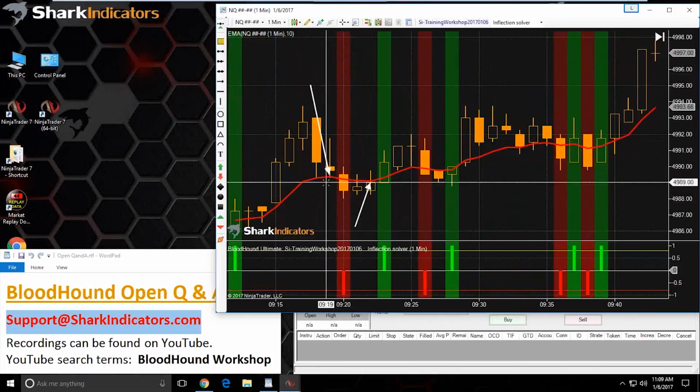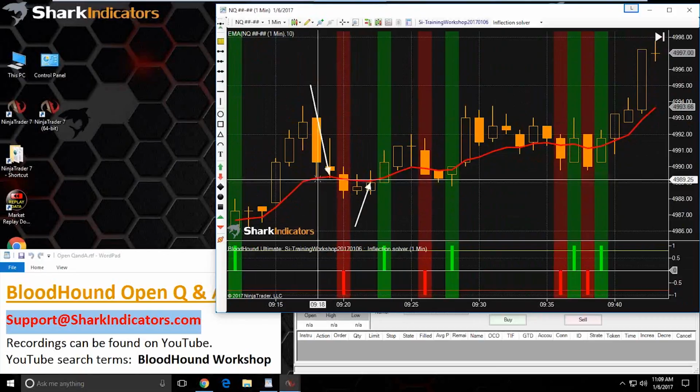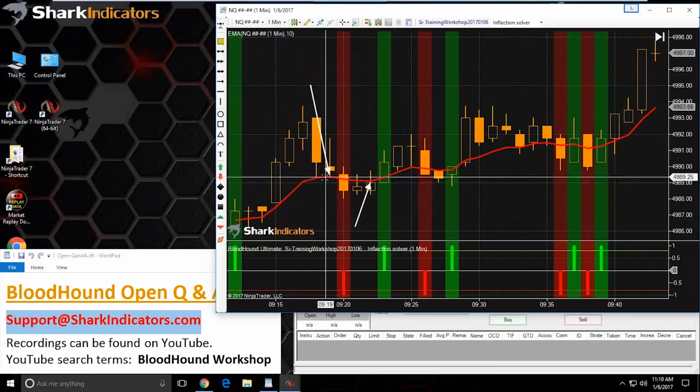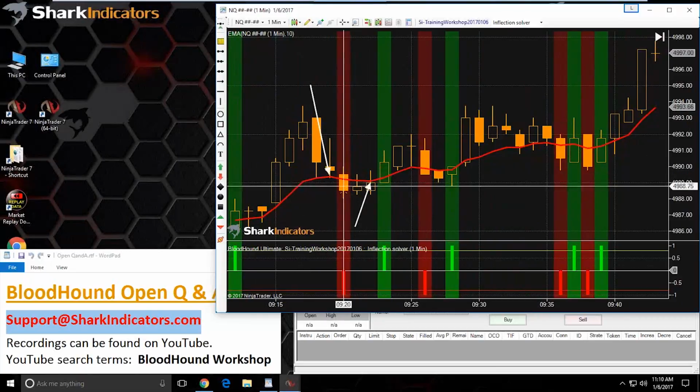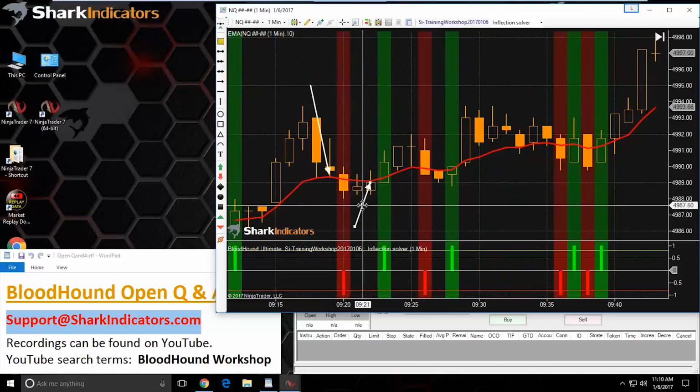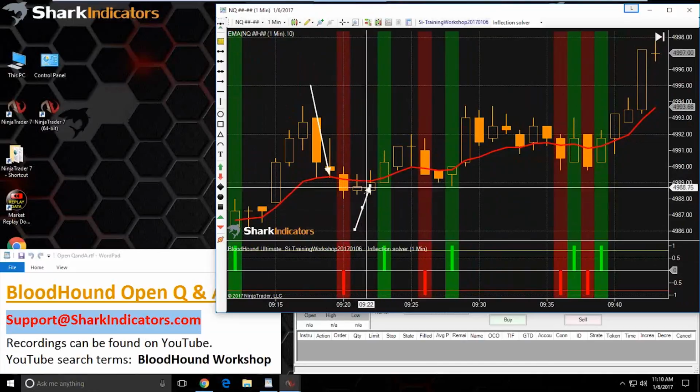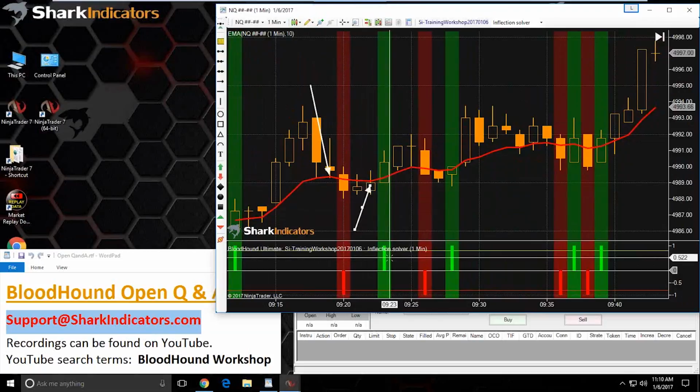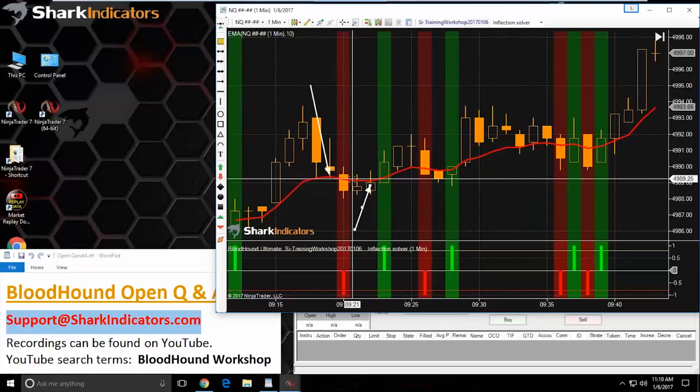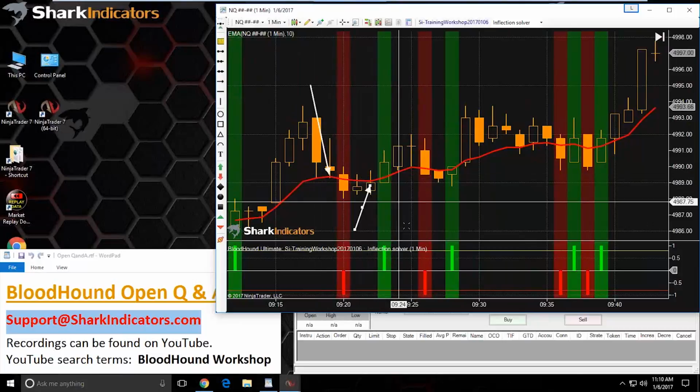So if your indicator reverses down, you're going to get a short output, and if your indicator reverses up, then you're going to get a long output. That's simply what the inflection solver does. It looks for those reversal points, either reversing down or reversing up of your indicator.